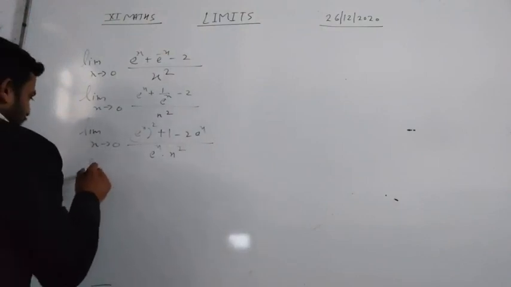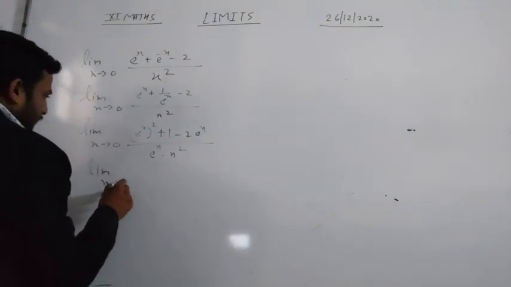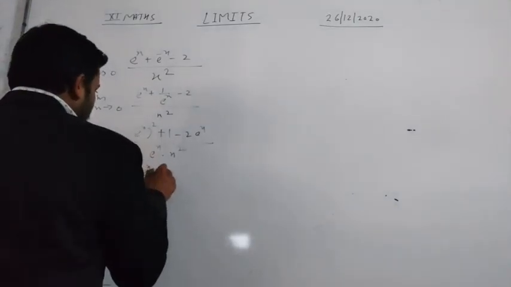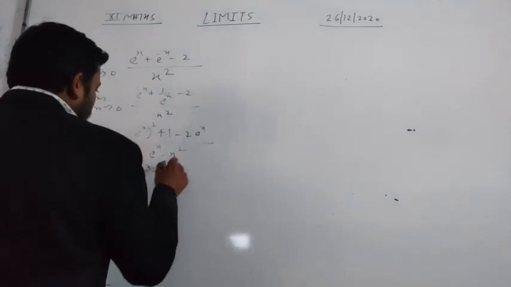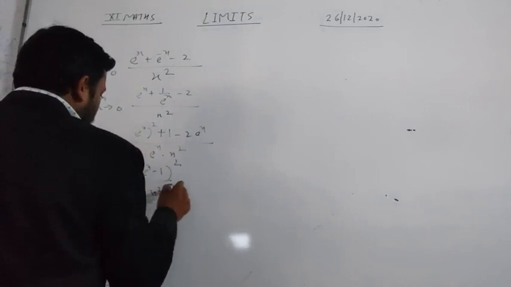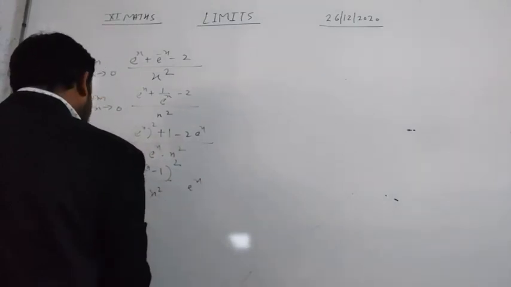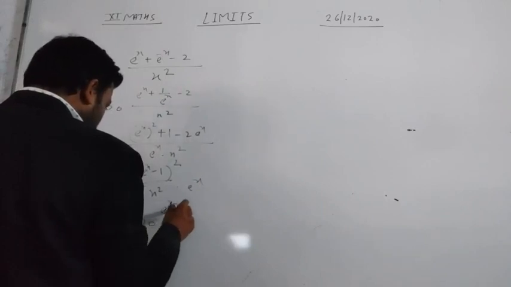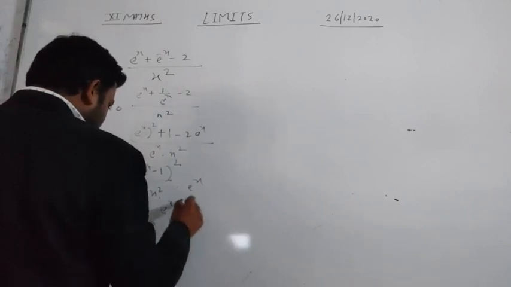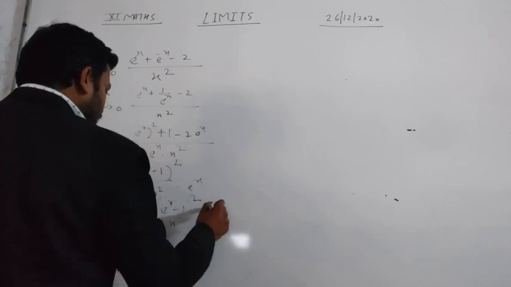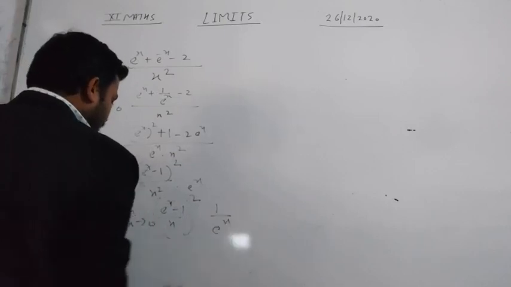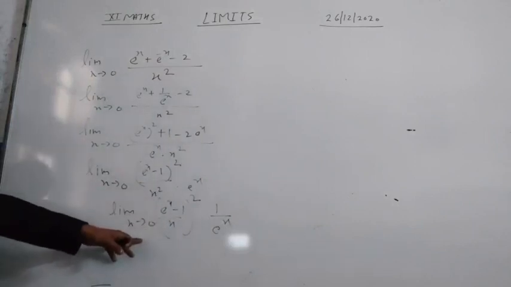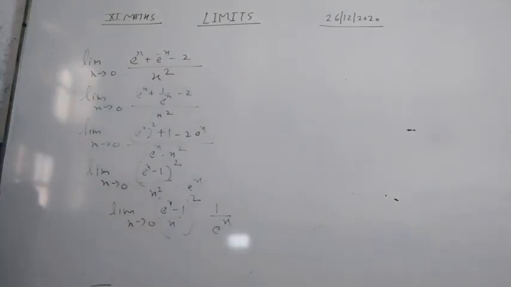Now, student, we are writing limit x tends to 0, this is (e to the power x minus 1) whole square by (x square e to the power x). As x tends to 0, we write it as ((e to the power x minus 1) by x) whole square into 1 by e to the power x.